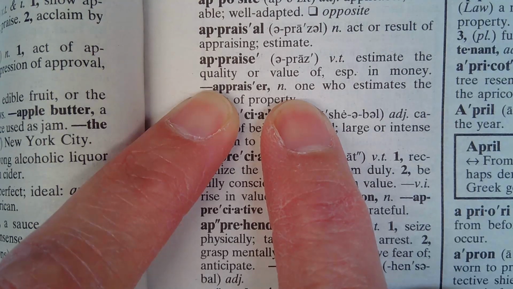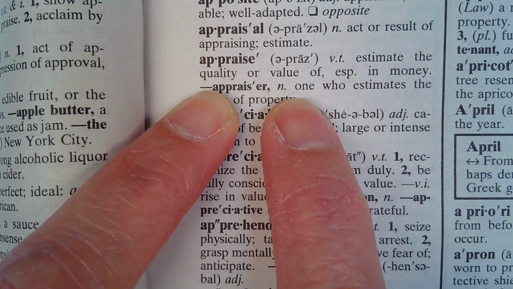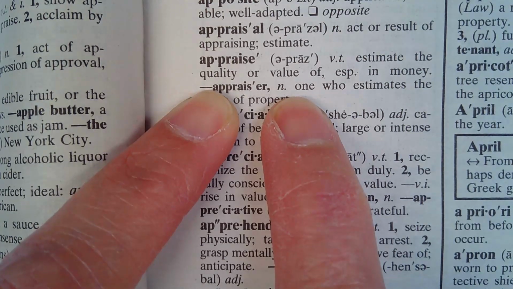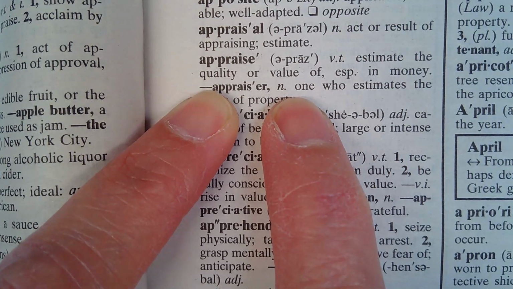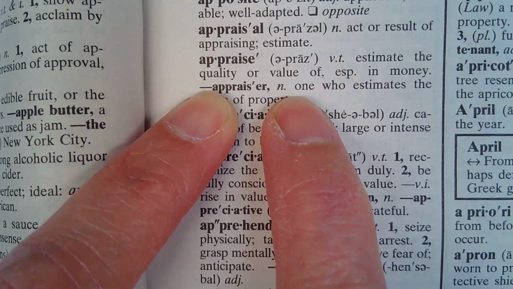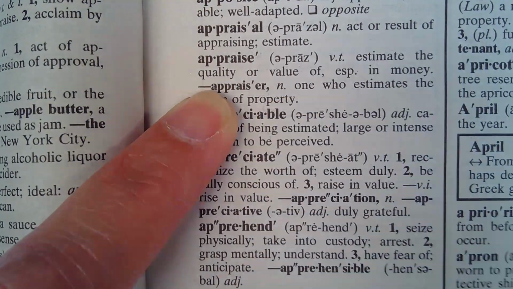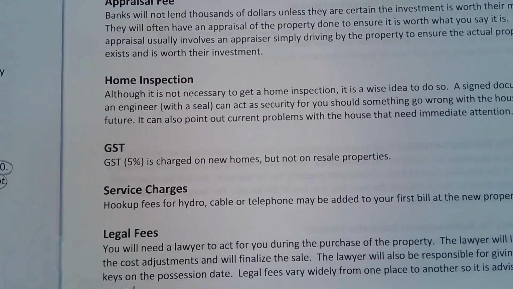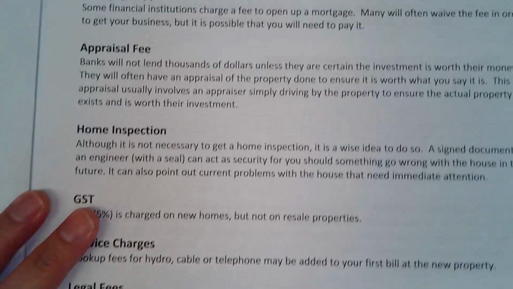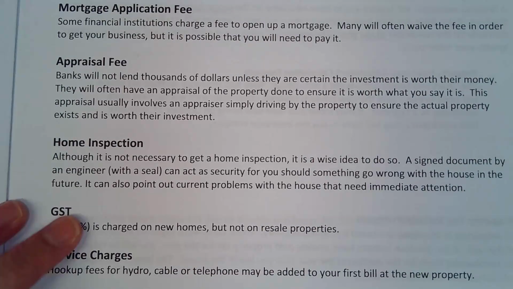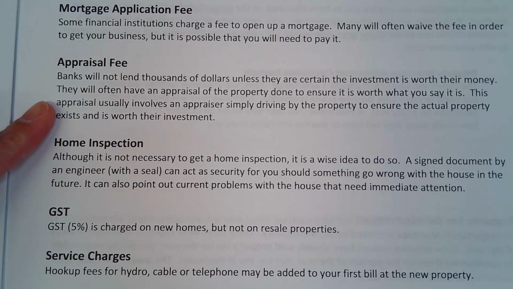So they want to know how much the property is worth, right? That's what appraising means. Figuring out how much it's really worth. So the bank wants to know how much the property really is. So that's the appraisal fee.